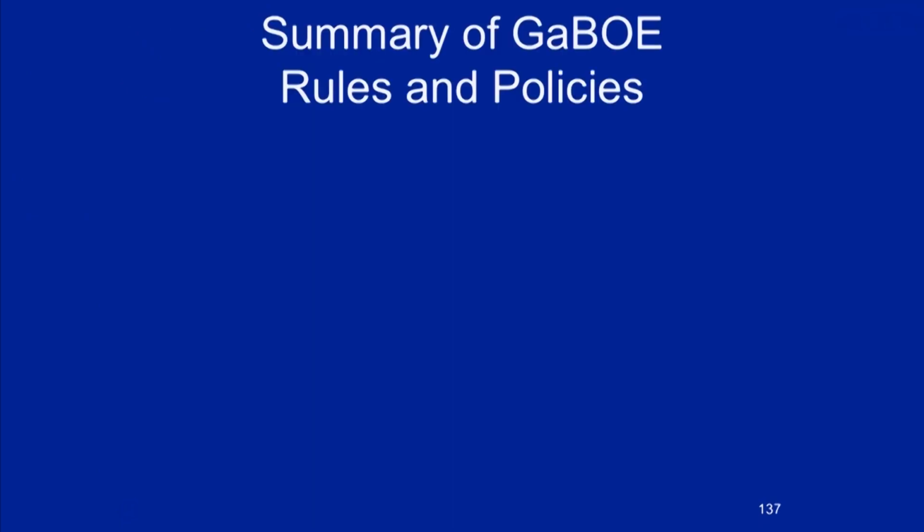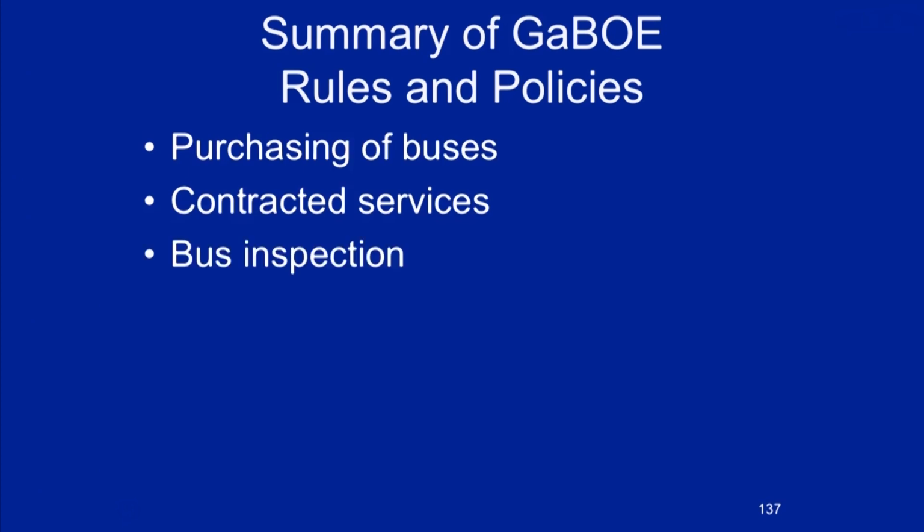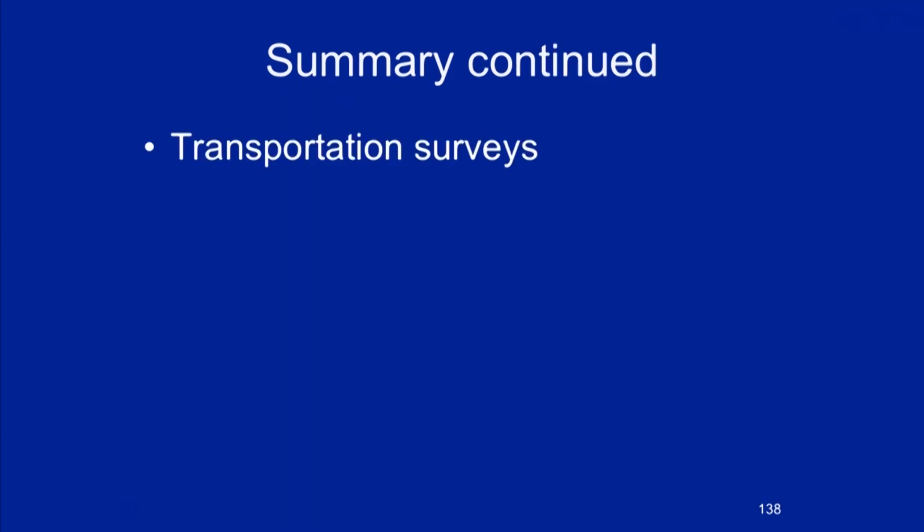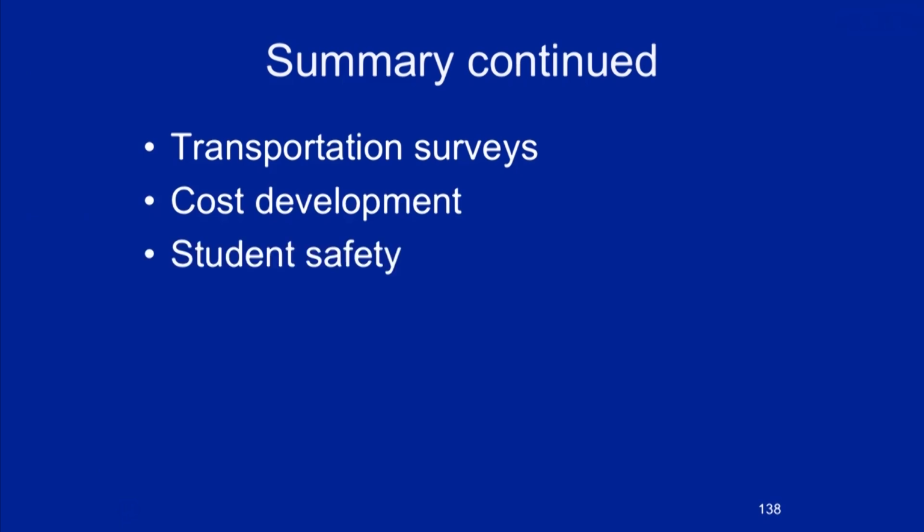All right, so let's just do a summary of these Board of Education rules. Again, the 160 codes. It gets into regulations on purchasing of the buses, contracted services, bus inspection, insurance coverage, the driver requirements, again, minimum age 18 with the P&S endorsements, the transportation surveys, so this is the local school districts providing information to the state board for funding purposes, etc. Cost development, layout for all the things that the local school districts have to consider when putting together their budgets.